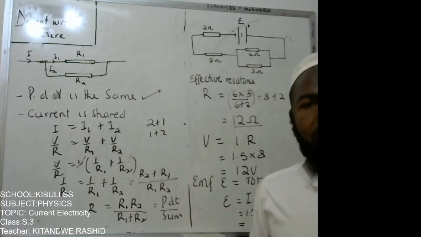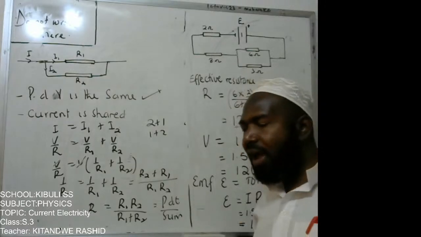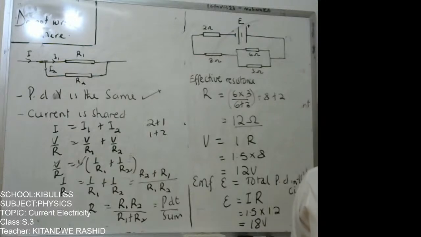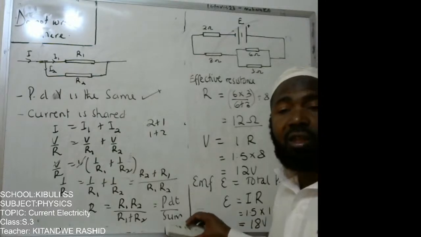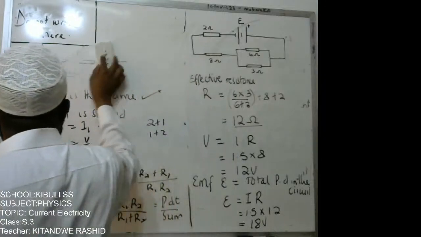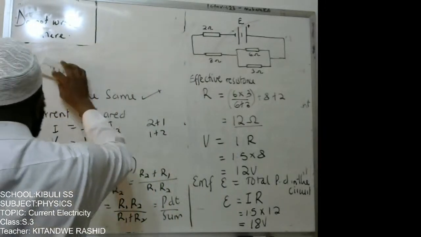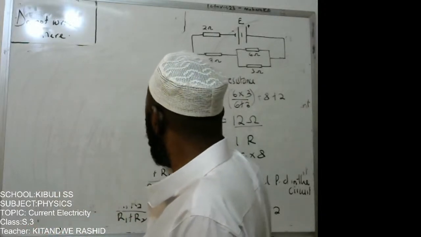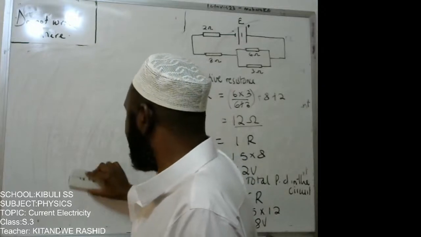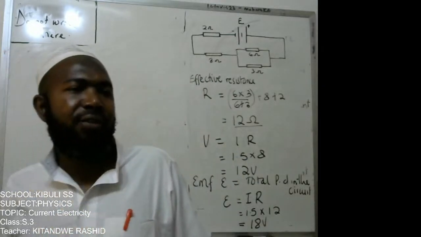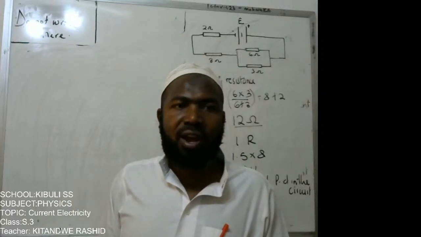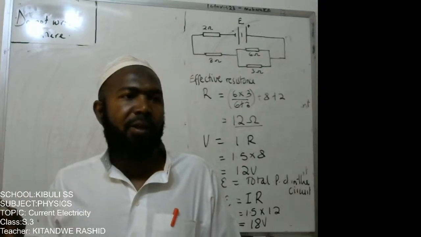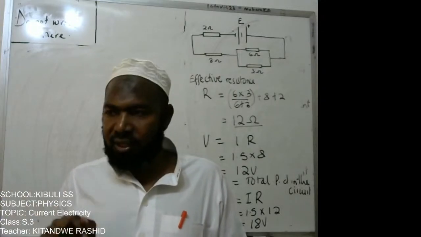We said Ohm's law states that the current flowing through a given conductor is directly proportional to the potential difference across the ends of the conductor, provided temperature and other physical conditions remain constant. Now we are hearing the word temperature, meaning that temperature is affecting the relationship between V and I, and the constant in the relationship between V and I is R, meaning that temperature affects resistance.